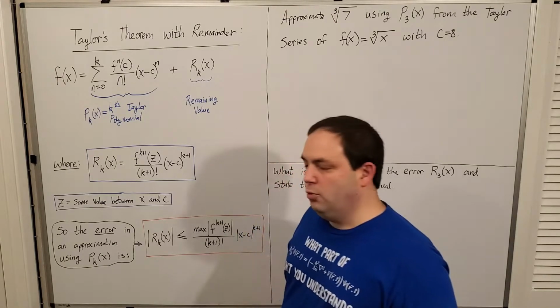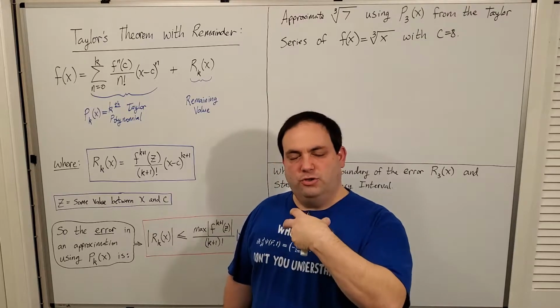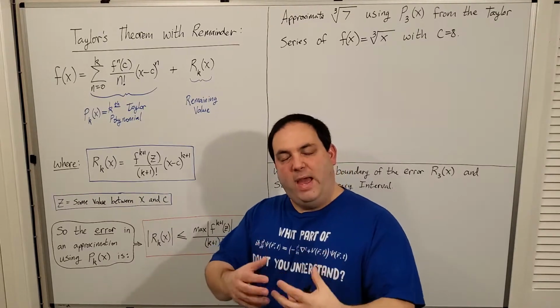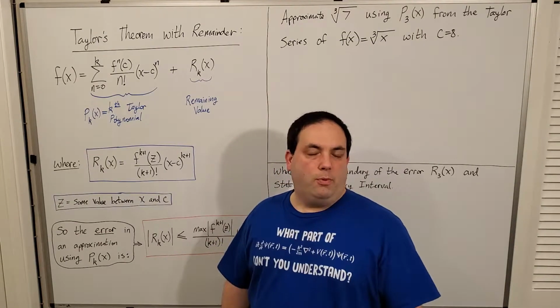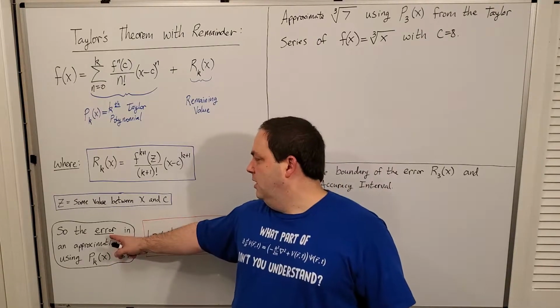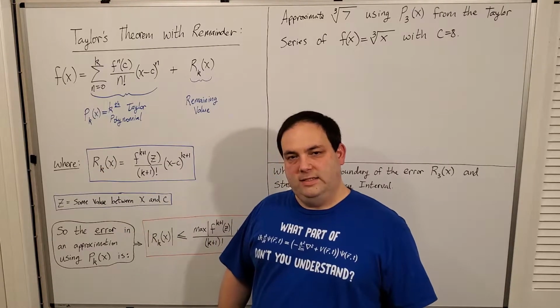And what we're going to do is have a boundary on that error. And if we understand how to use the bounding of that error, then we can make our approximations efficient. The error is going to be the absolute value of whatever r sub k is.